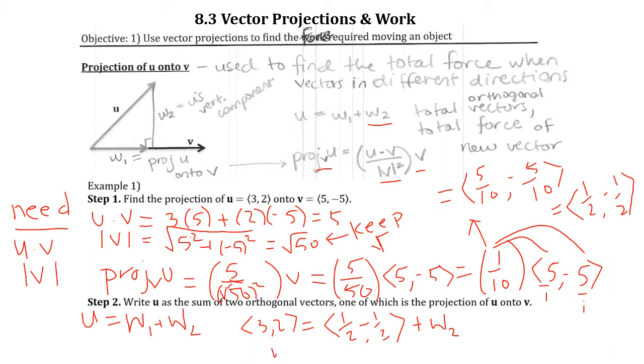W2 equals 3, 2 minus 1/2, negative 1/2. And so W2 equals 5/2, 2.5, 5/2, and 5/2.